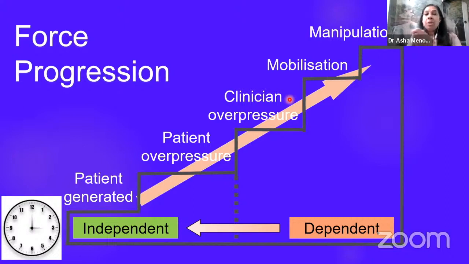with the same overpressure at home. While he's treating himself, doing his home program, if there is a slight up and down with the symptoms, he is taught how to problem solve and maybe go a step down and come back a step up all the time while he's doing the exercises at home.